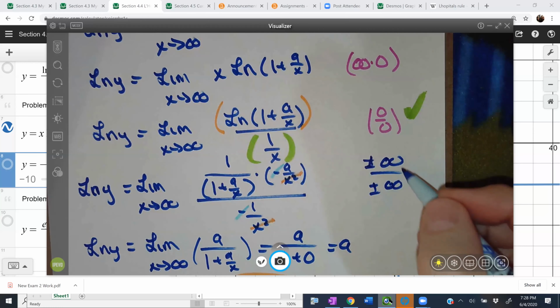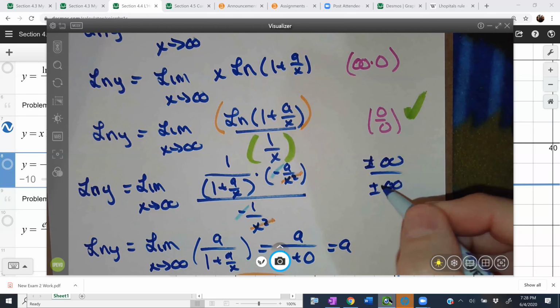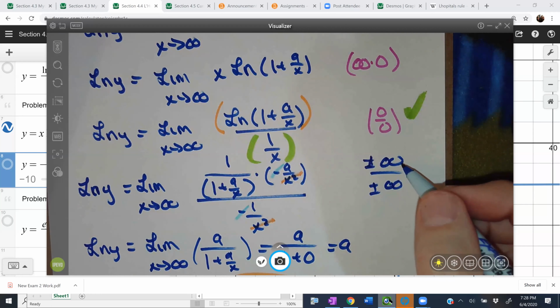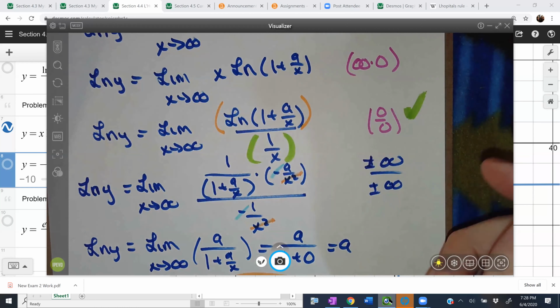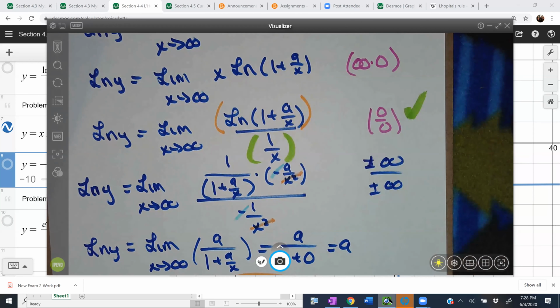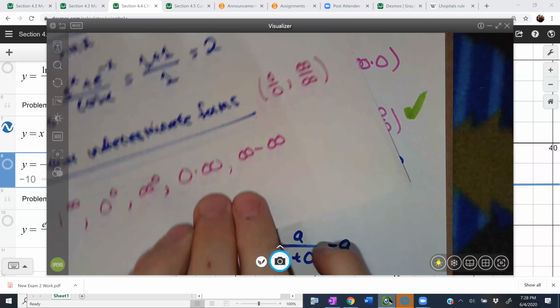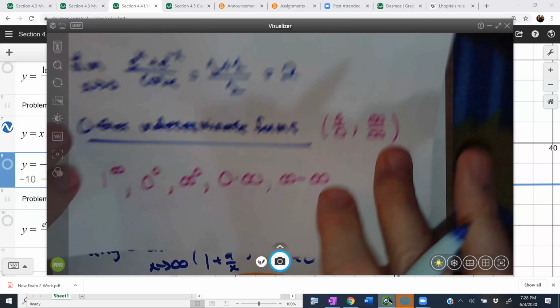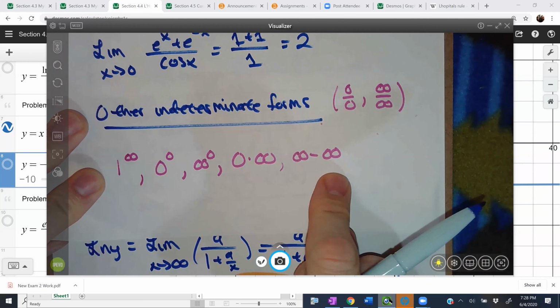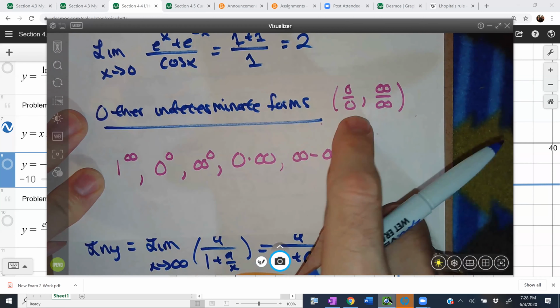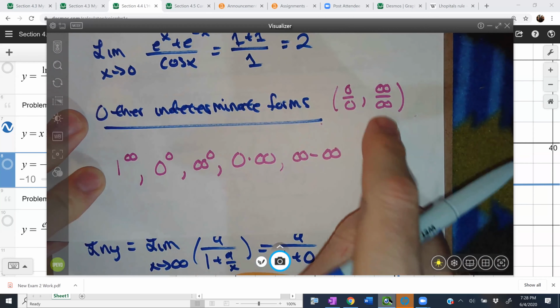The book doesn't really write it, but it doesn't matter if it's going to infinity or negative infinity. The signs don't matter. If it's infinity over infinity in some form, then you can use L'Hopital's rule. The other ones are indeterminate forms, but you can't use L'Hopital's rule until you put it into one of those forms. So these are a lot of indeterminate forms, but it's only when you get here that you can finally use L'Hopital's rule.